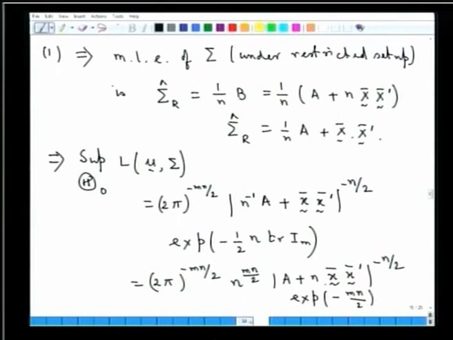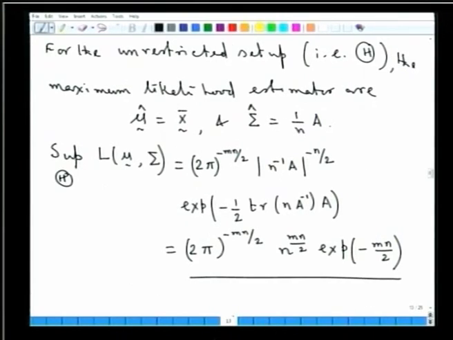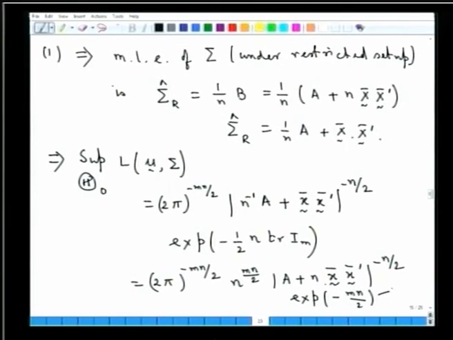Now we have both these parts which are required. So this is, say, star 1, this sits in the denominator of the likelihood ratio. If this is given star 1 number, then this is the other expression. This entire expression is what we would require in the numerator of the likelihood ratio.